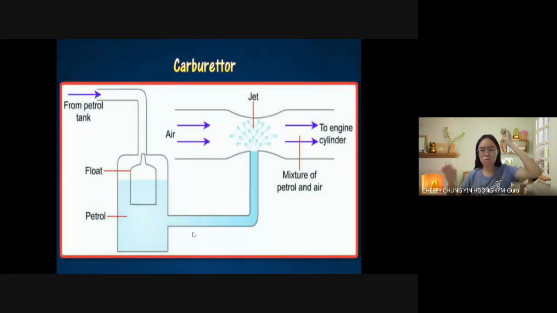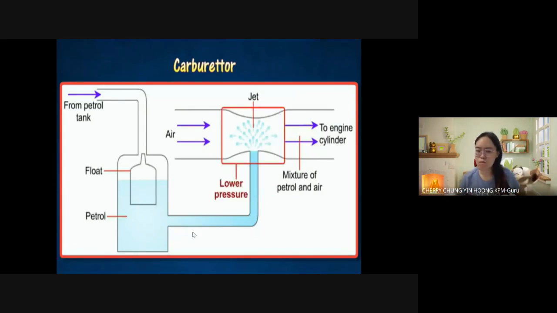A carburetor is used to produce a mixture of petrol and air, which can be burned easily in the engine of a car. Air flowing at a higher speed through the narrow section causes the air pressure there to become lower. The atmospheric pressure pushes the petrol from the tank to flow out through the jet as spray of petrol vapor after mixing with air.